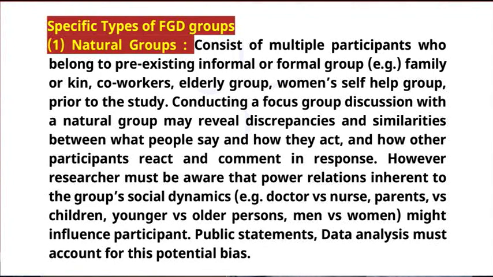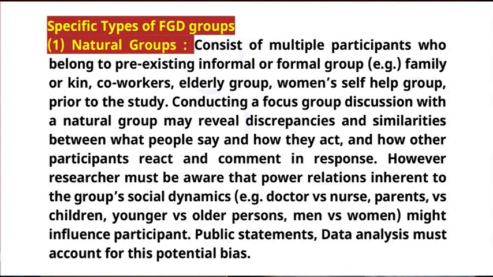Conducting a focus group discussion with a natural group may reveal discrepancies and similarities between what people say and how they act, and how other participants react and comment in response. However, the researcher must be aware that power relations inherent to the group's social dynamics, for example, doctors versus nurses, parents versus children, younger versus older, men versus women, might influence participants' public statements. Data analysis must account for this potential bias.